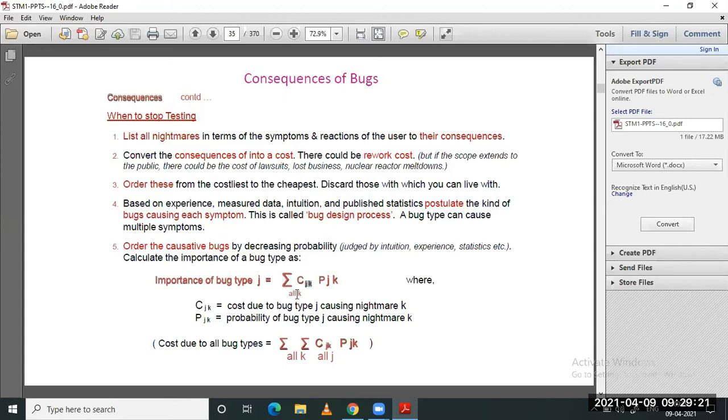For all k you find the cost, and for all P, the probability, meaning how many times the bug arises. So the cost due to all bug types equals the sum over all j of C_jk times P_jk, where j is the bug type and k ranges over all nightmares.